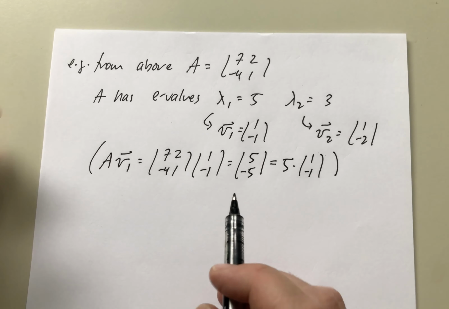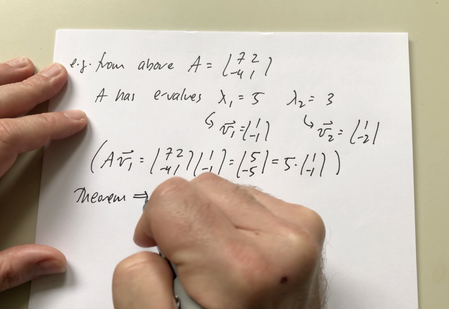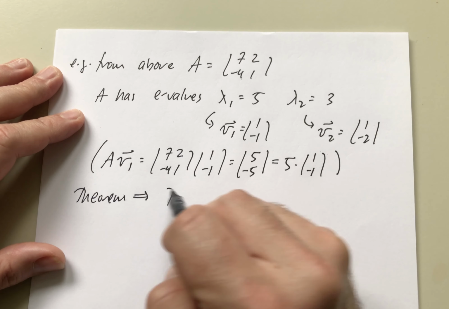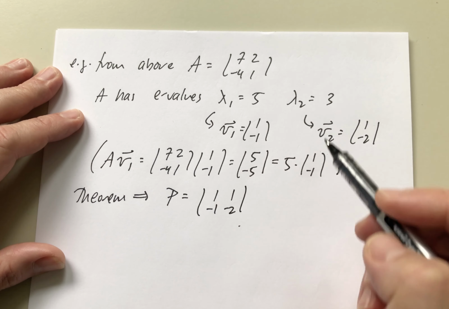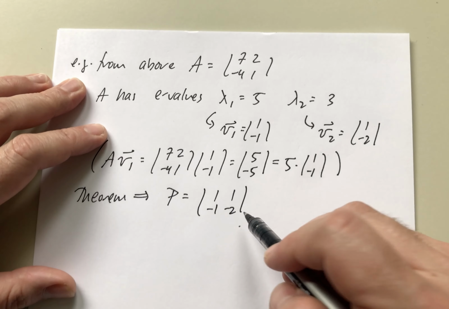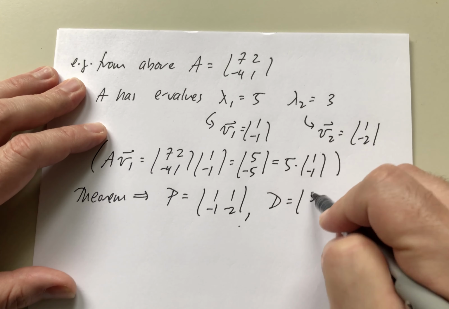Anyway, the point is that this theorem implies we can now take these eigenvectors, put them into a matrix, 1, minus 1, 1, minus 2, and that'll be the P matrix that does the diagonalization for me, with the diagonal matrix given by the eigenvalues, so 5, 3.